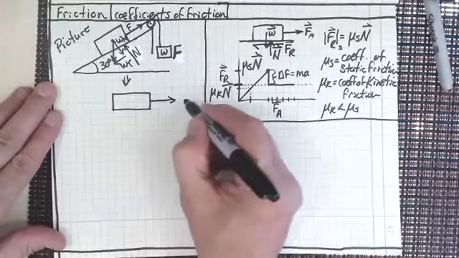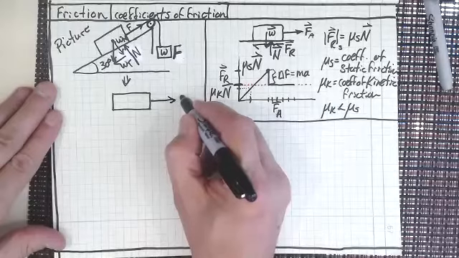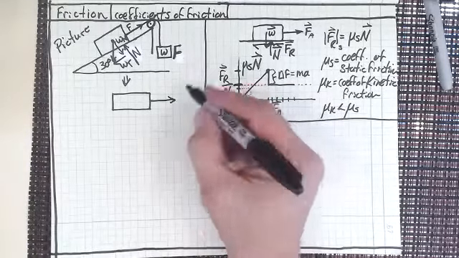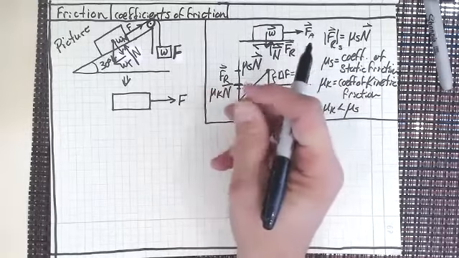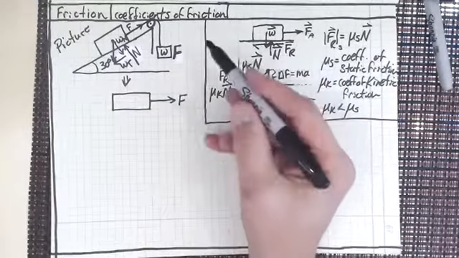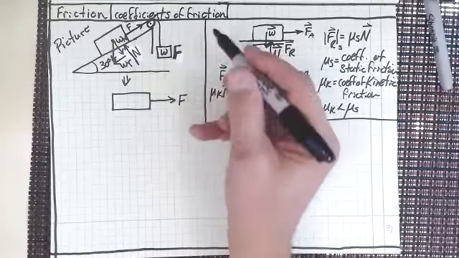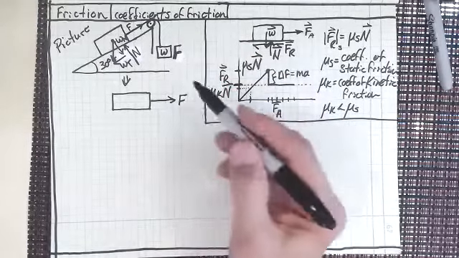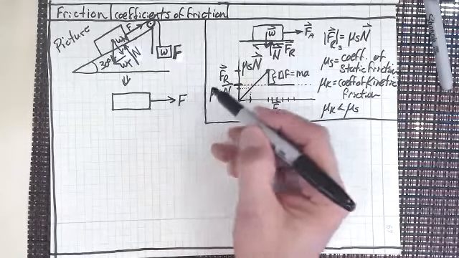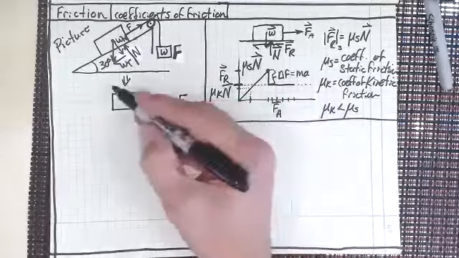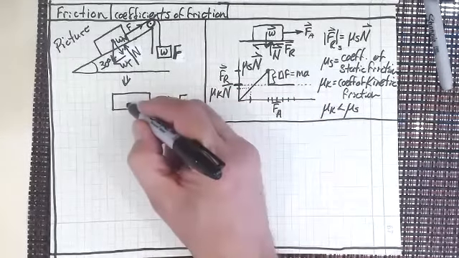I've got a force off the end of the box that I'm going to call F. And we can differentiate between F and F sub S and F sub K later on when we do it for static equilibrium analysis and for dynamic equilibrium analysis, all right? But right now we're just going to do this.